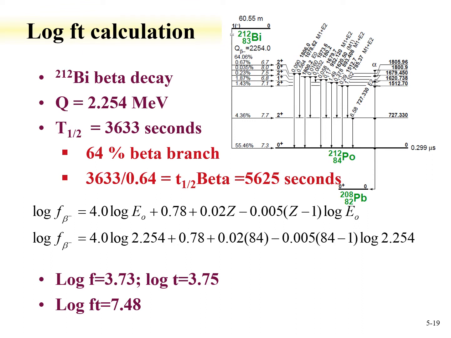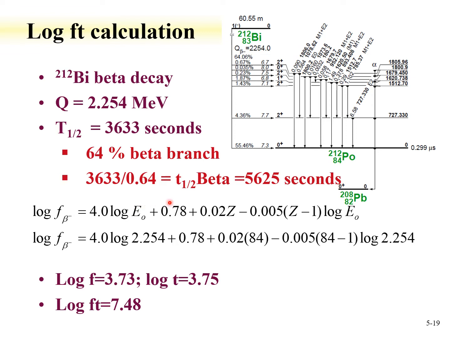We can perform another log Ft calculation. Now let's use the beta decay of bismuth 212. The Q value is listed here. We need the Q value in MeV, so it's 2.254 MeV. The half-life is 3,600 seconds.